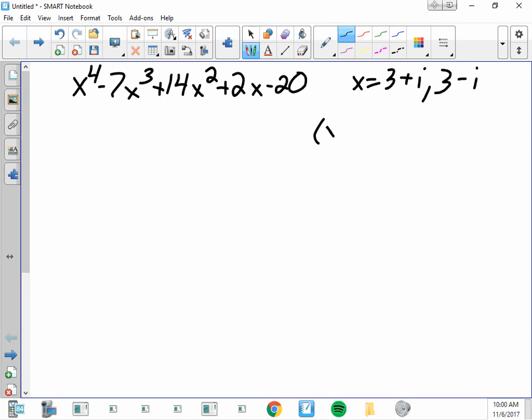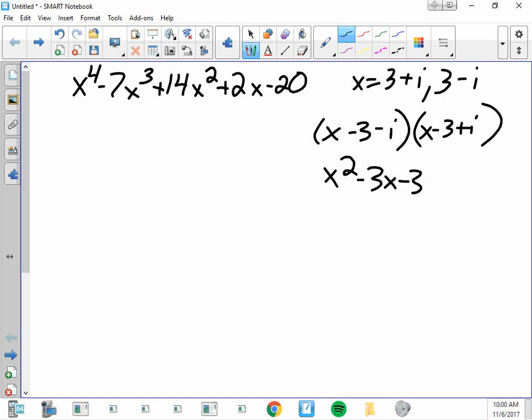We need to multiply x minus 3 minus i and x minus 3 plus i. And I can skip every multiplication that has an i in it except the last one. I have to hang on to the last one. X squared minus 3x minus 3x plus 9 minus i squared, which turns into plus 1.